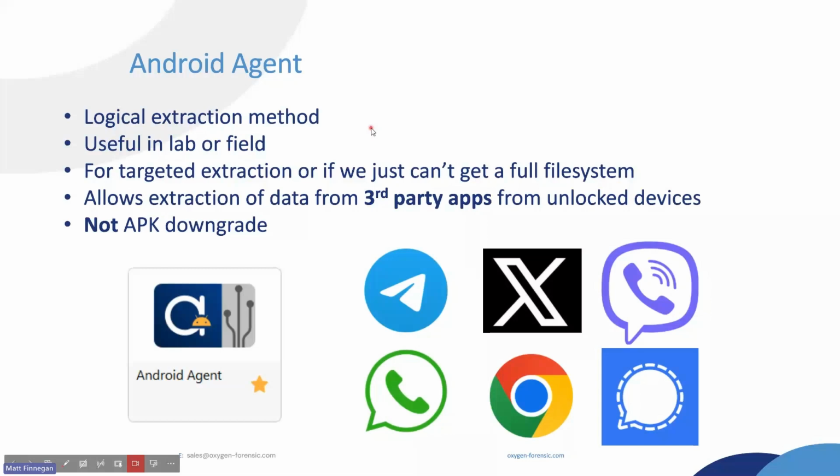So normally with the logical extraction method that uses an agent, and most vendors will use an agent as part of their logical extraction, whether they tell you or not, an agent is just an application that's installed on the device. Now, in Android, with the way that the security mechanisms and the framework work, we have app sandboxing.